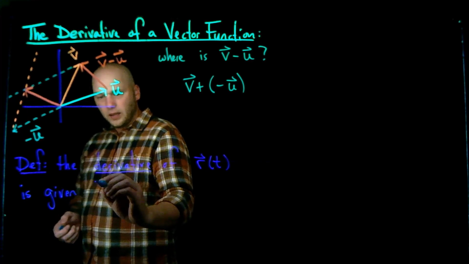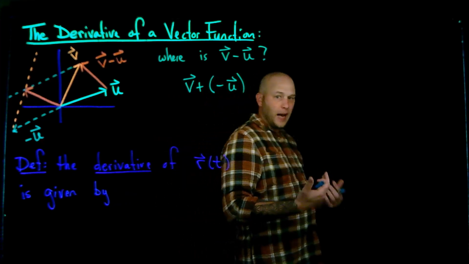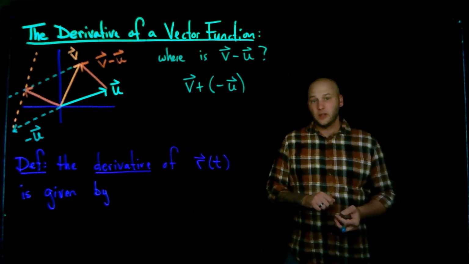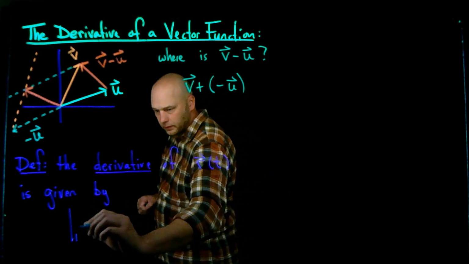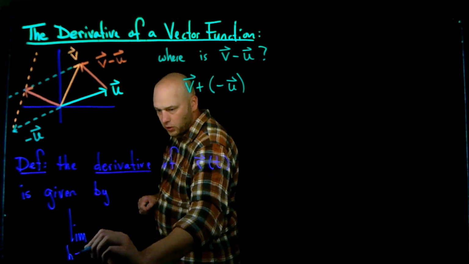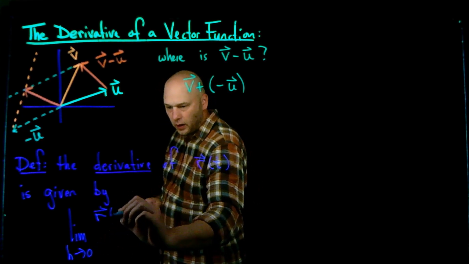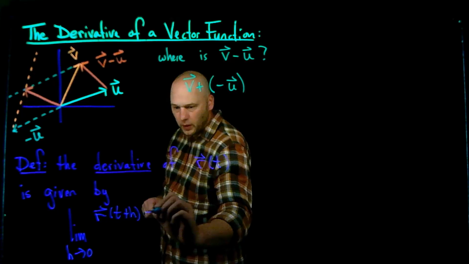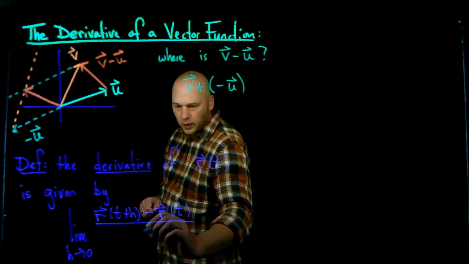And just like in your Calc 1 course, it's the same concept. It's the limit of a difference quotient. So it's the limit as h approaches 0 of r of t plus h minus r of t all over h.